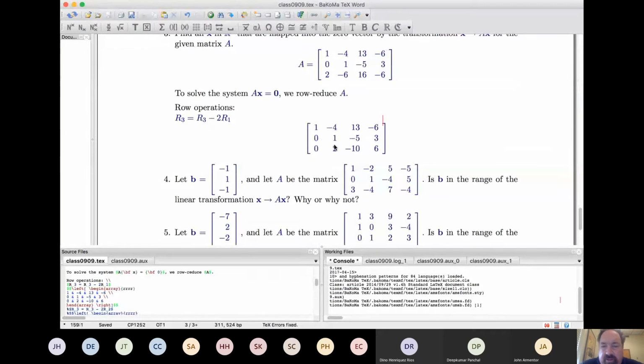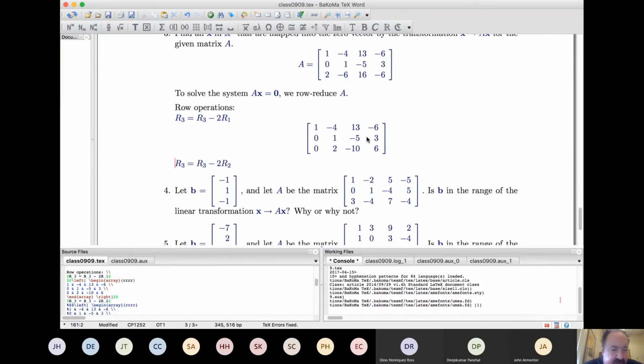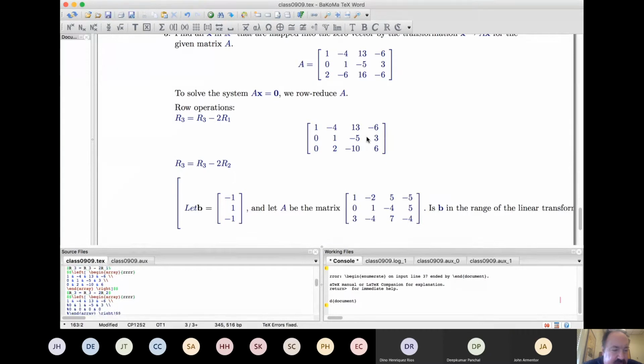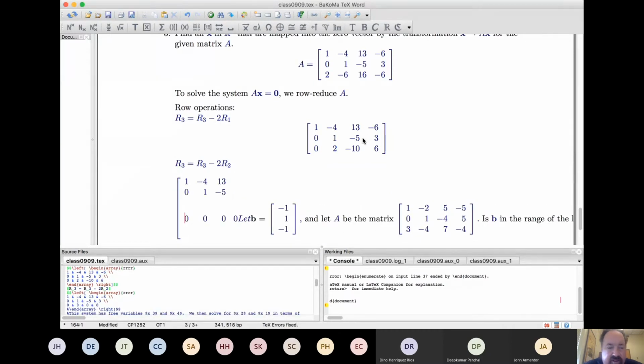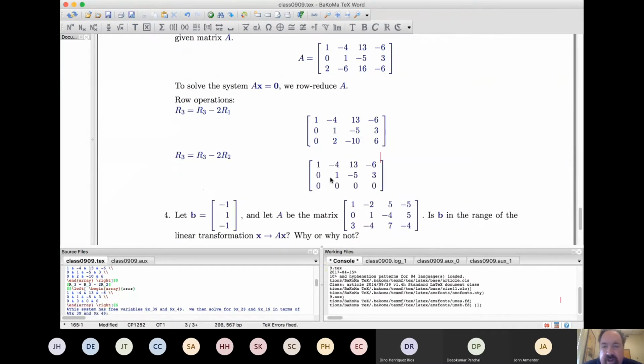Here we're going to take twice this row and subtract it from here. One thing you can tell right off the bat is the second row is twice the first row. So you can tell before you even do it, it's going to wipe it out.